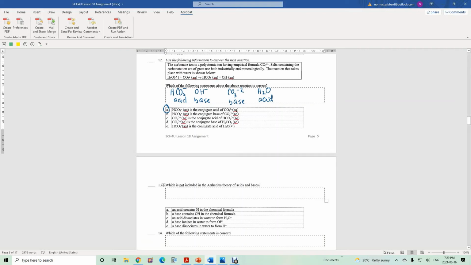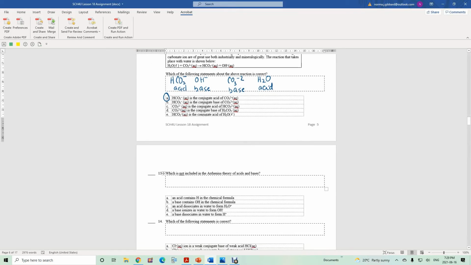Number 13. Which is not included in the Arrhenius theory of acids and bases. And if you look in the video I've made, that would be E. Number 14. Which of the following statements is correct?